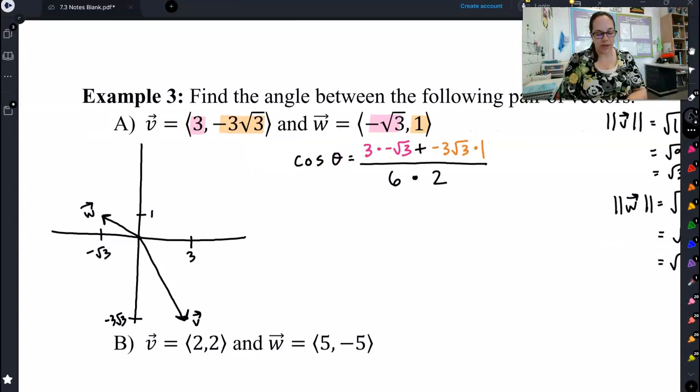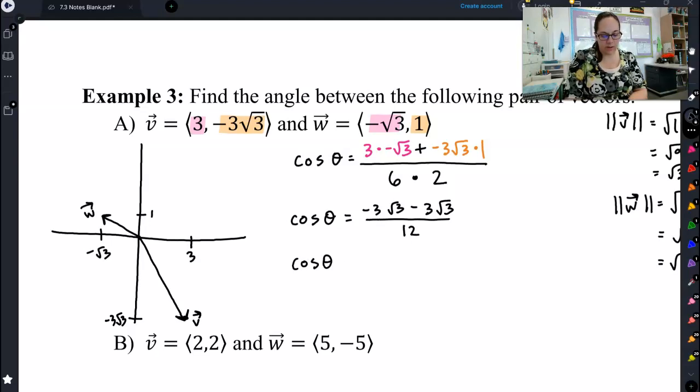So I've got this right here. Let's simplify this and see what we get. So 3 times negative root 3 is negative 3 root 3, minus 3 root 3, all over 6 times 2, which is 12. So this is going to be negative 6 root 3 over 12.